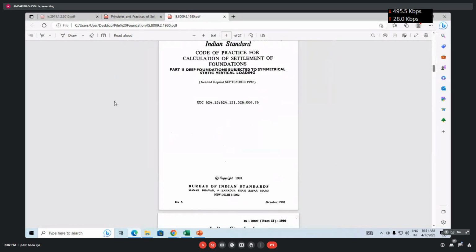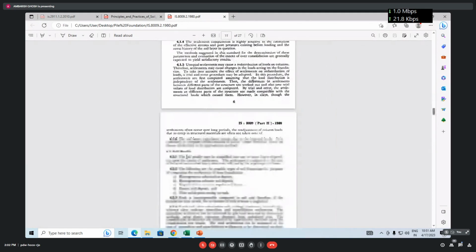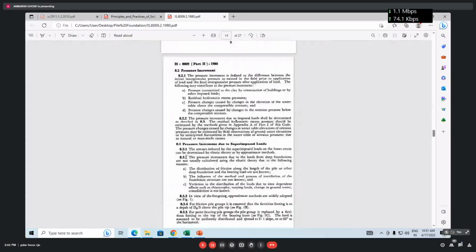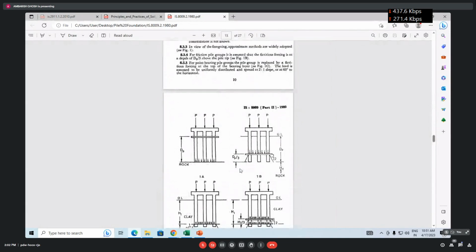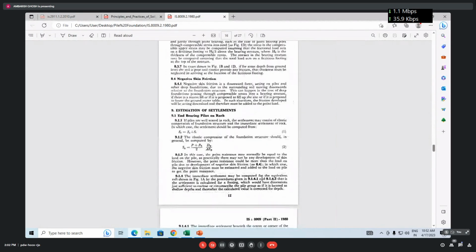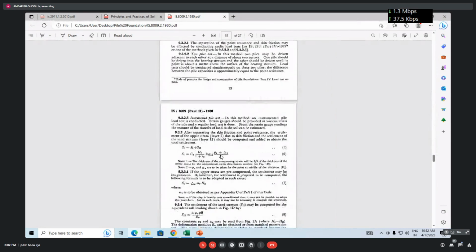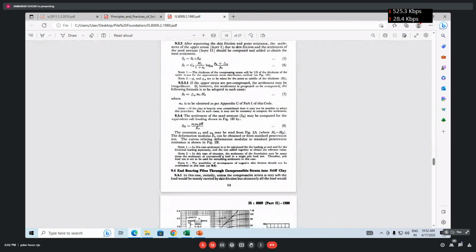Please note this one: Code of practice for calculation of settlement of foundations, deep foundations subjected to symmetrical static vertical loading, IS 8009 Part 2. So please go through this code, and the way I have told you to calculate the settlement, you can see how they have considered it, and they are using the formula and doing the calculation.